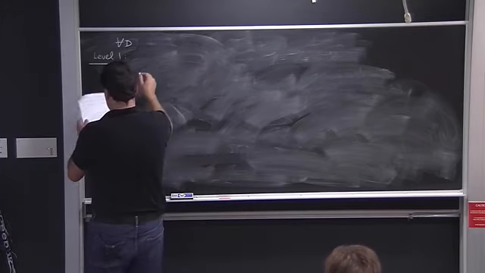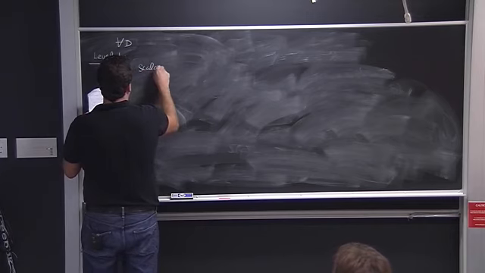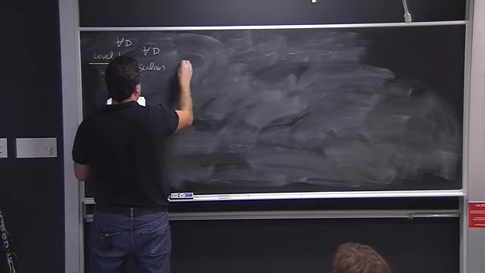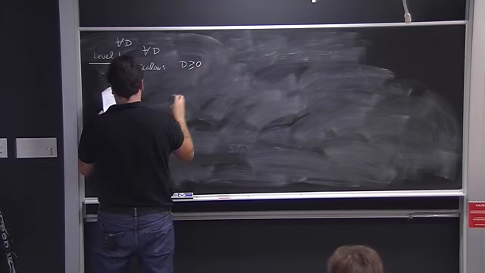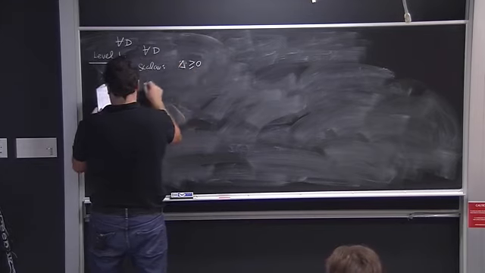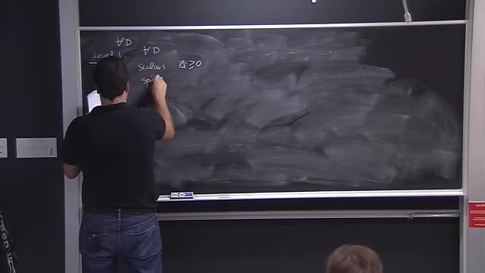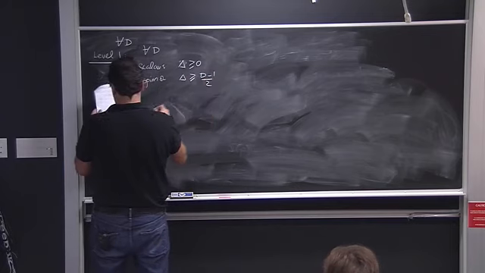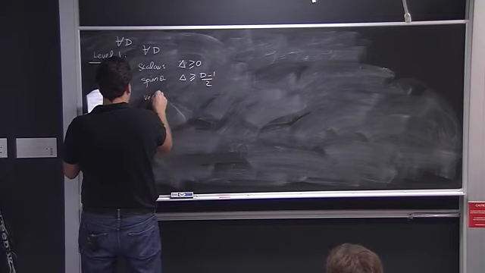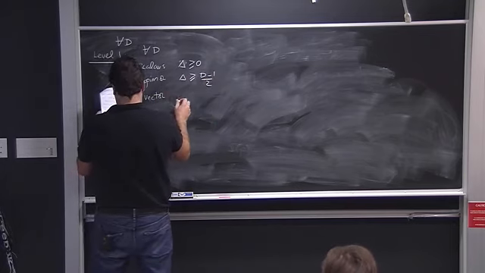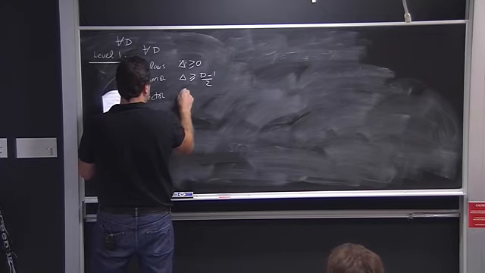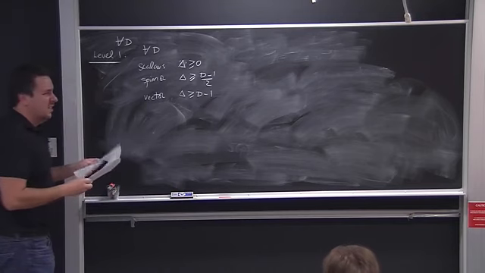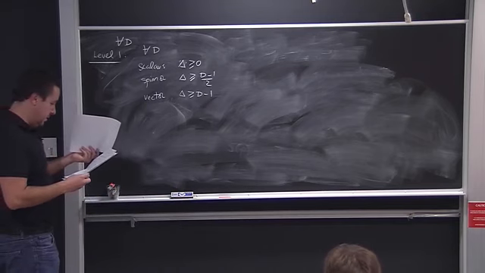We find that the scalar, in any dimension, has to be bigger than 0. For a spinor, it has to be equal to (d minus 1) over 2. And for a vector, it has to be bigger than d minus 1.